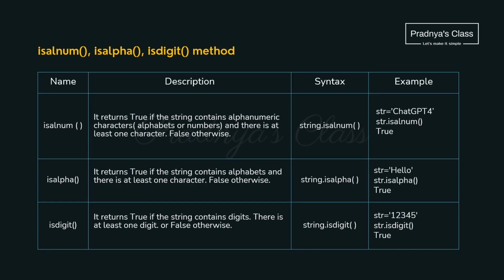Alright, here is a category of is functions. It will give the result in the form of true or false because it checks. The first is isalnum. It will check for alphabets and numbers. If it is there, it will give true. If not, it will give false. In the same way, we have isalpha. It will check only alphabets. Isdigit will check digits.